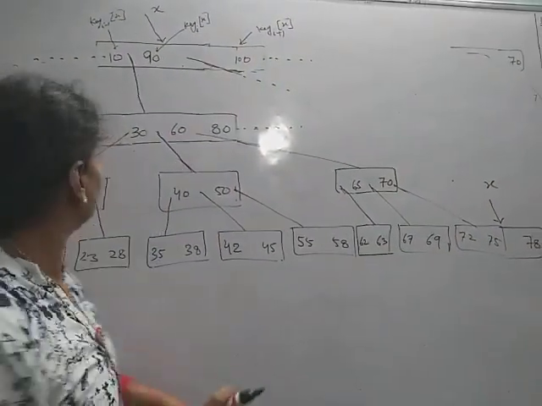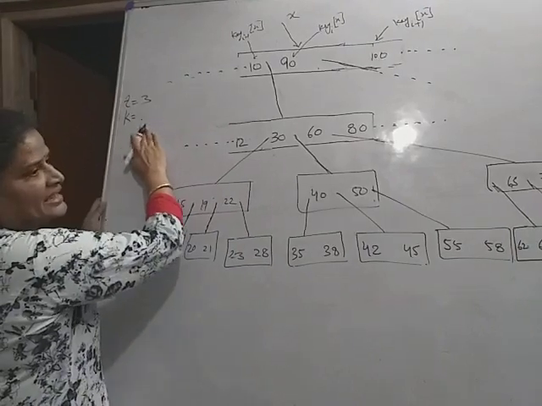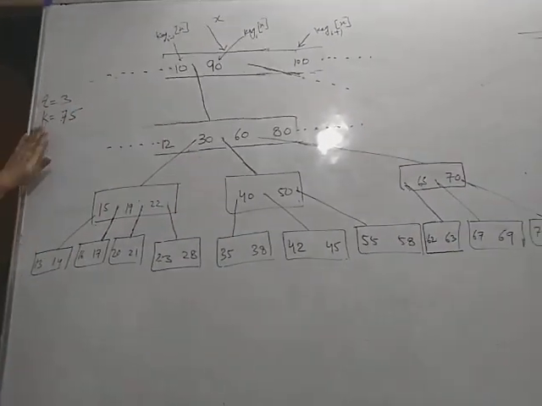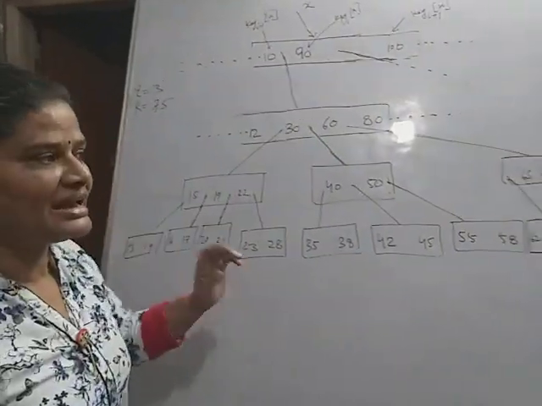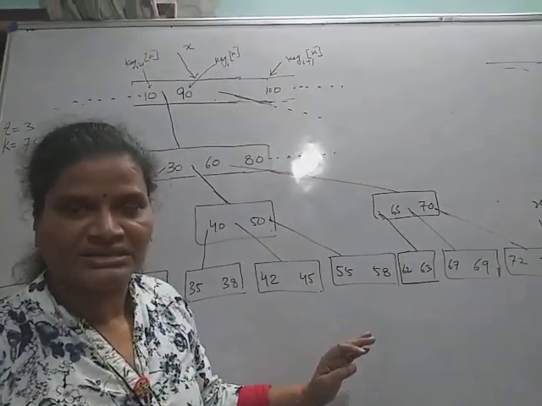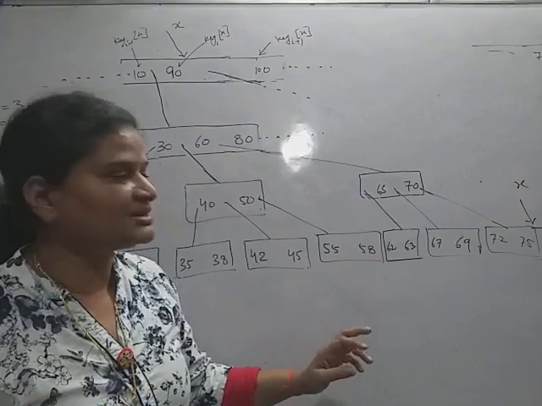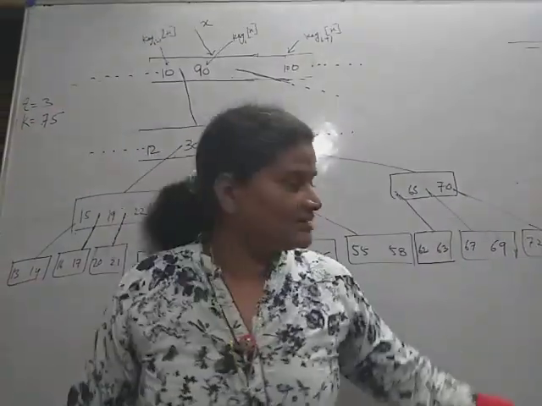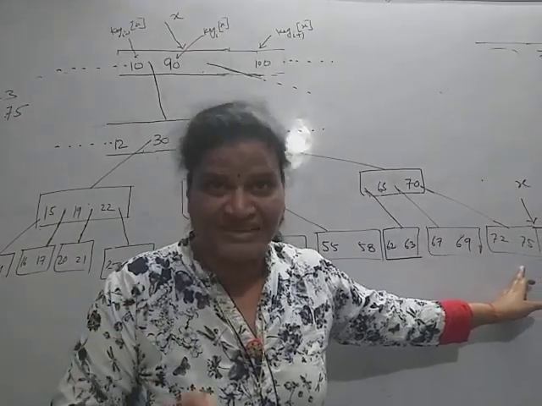If here I want to delete k is 75, I want to delete 75. Because this is a recursive procedure, x is a pointer to the node, and the key is present in the node x, and x is a leaf node.